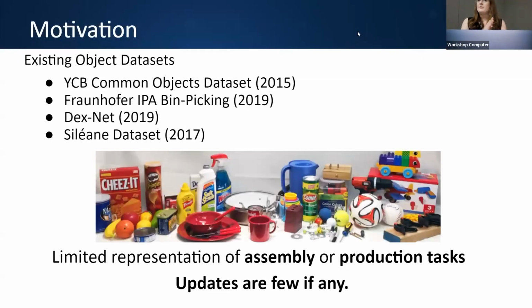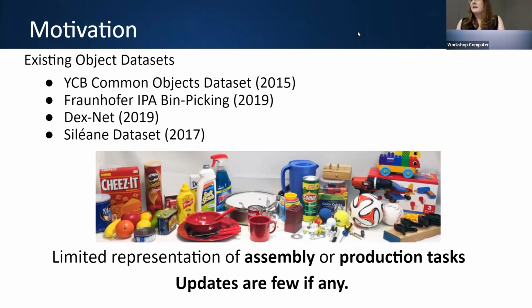I want to talk a little bit about why we're making this data set. There's a number of object data sets already for robot manipulation that you may be familiar with. Most commonly known is the YCB Common Objects dataset from 2015, but there's also the Fraunhofer IPA bin picking dataset, DexNet, and the Selene dataset. All of these datasets are excellent.